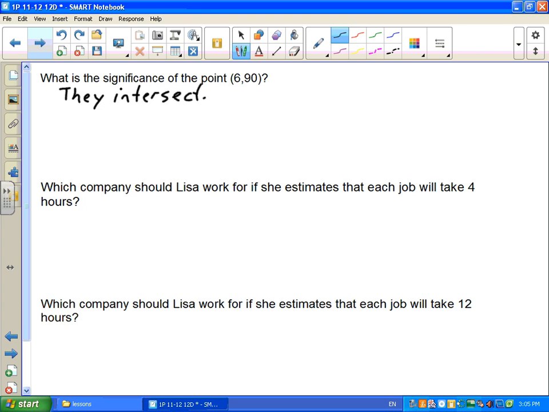Okay, that's the first thing. But what does this point 6, 90 represent? What does the 6 represent and what does the 90 represent? Okay, the 6 is a number of hours worked. So that represents 6 hours. 90 is her total pay.